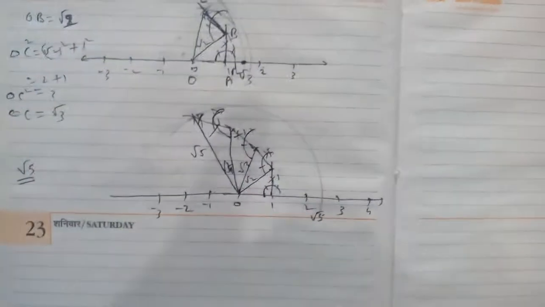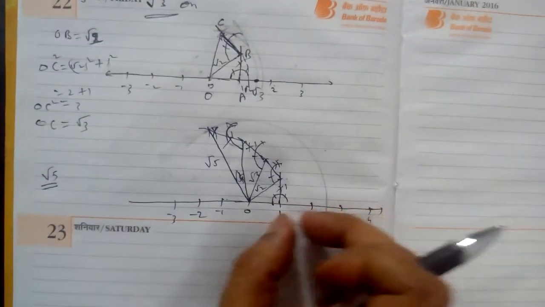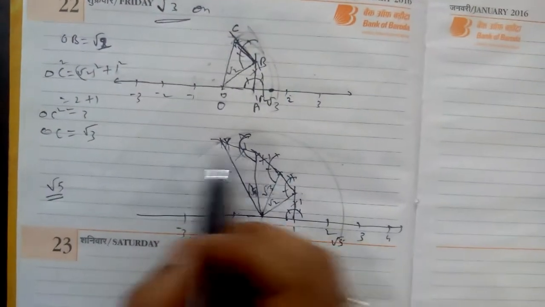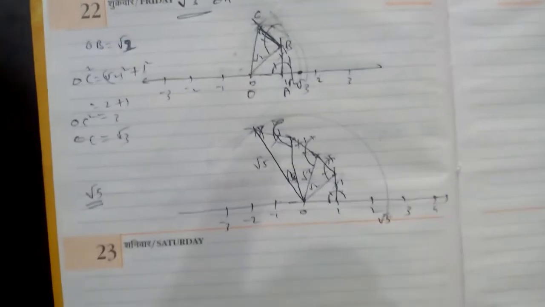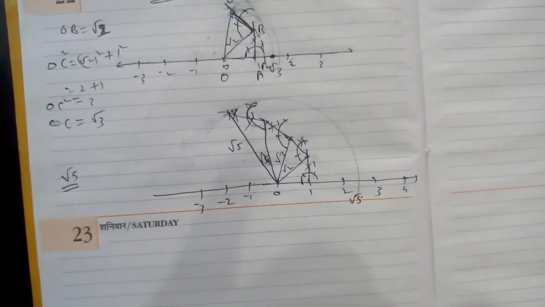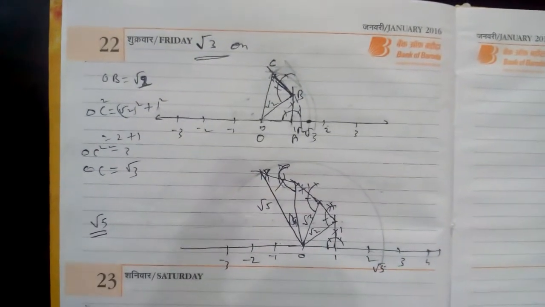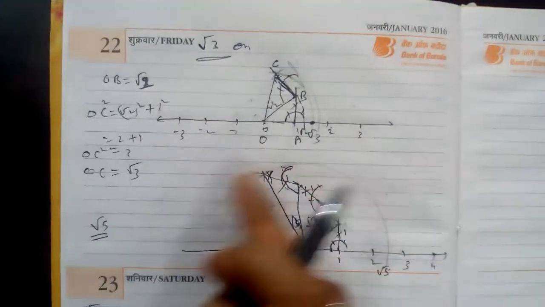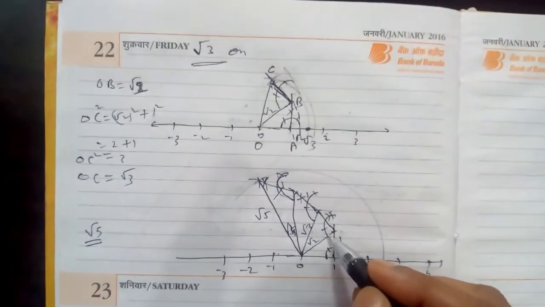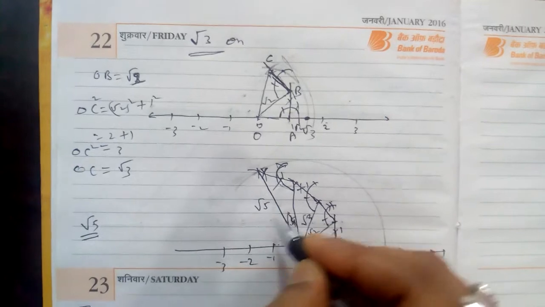I am only supposing exactly, because the distance is more and the lines are not clear, but if you do the exact measurement by compass, then you can get root 5 here. Root 5 you can draw by another method without this confusion, instead of first root 2, then root 3, then root 4, then root 5.